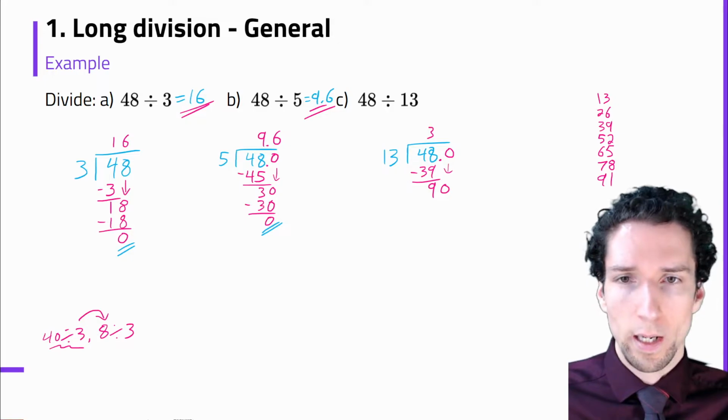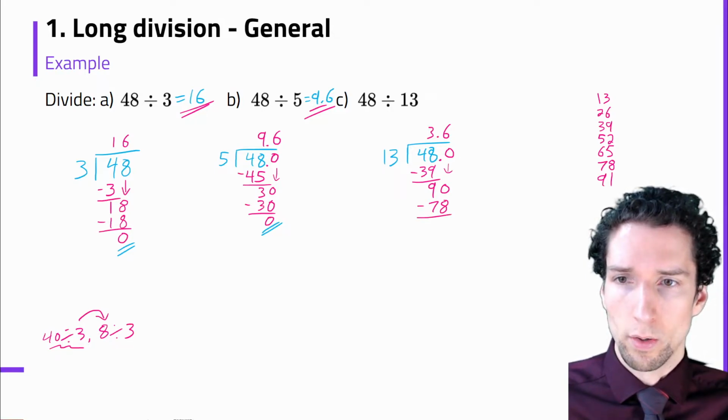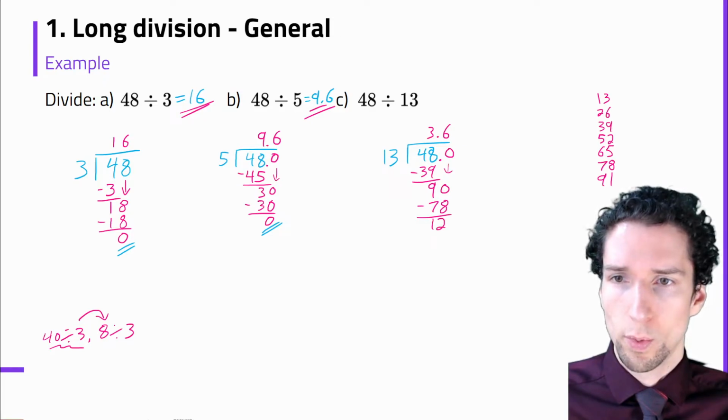So this is 90, 91 isn't going to work. So 13 times 6. So 13 will go into 90 6 times, and 13 times 6, 78. And so 90 minus 78 will give us 12.